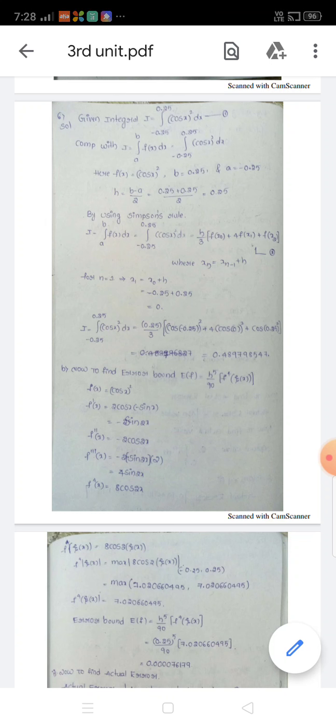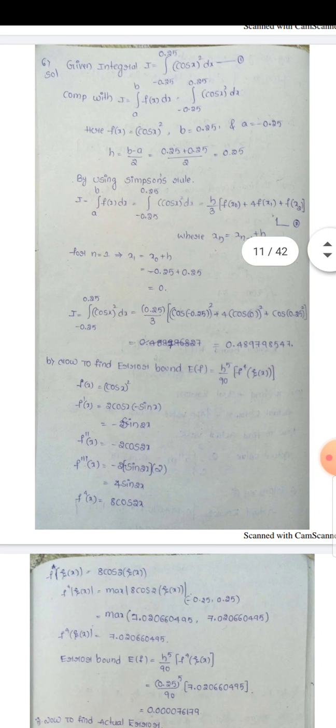Here f of x equals cos x square. f dash x equals 2 cos x into the derivative of cos, minus sin x, equals minus 2 sin x cos x.